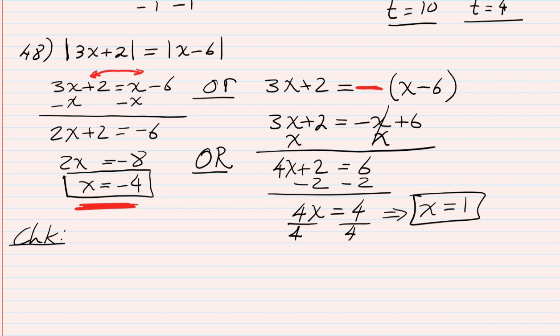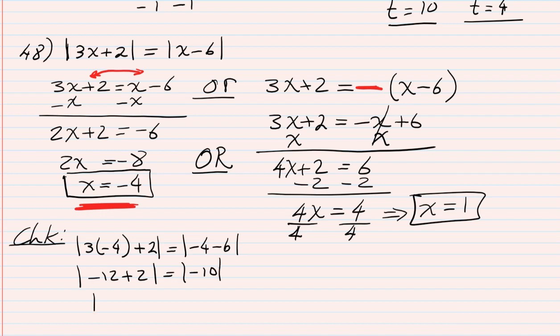Inside the absolute value, they're both going to be either positive, or they're both going to be negative. So let me plug in negative 4, and that's going to be 3 times negative 4 plus 2 equal absolute value of negative 4 minus 6. 3 times 4, negative 12 plus 2, and to the right we have negative 10. On the left, negative 10, to the right, negative 10.